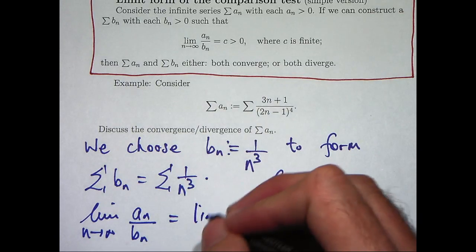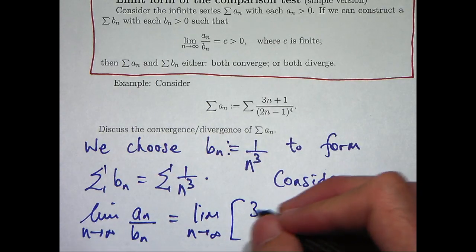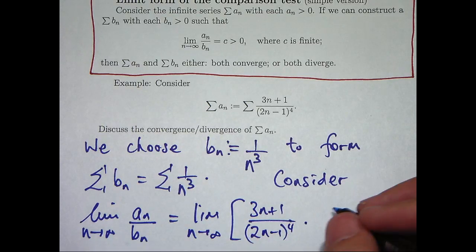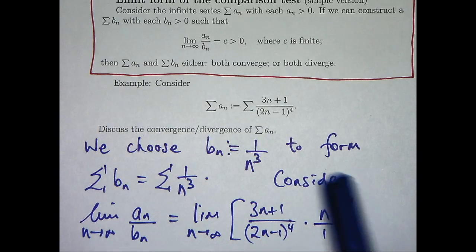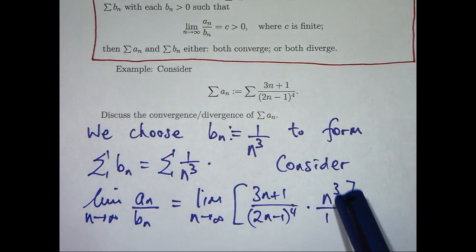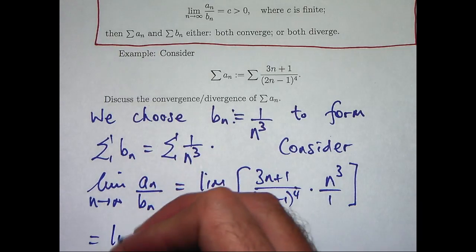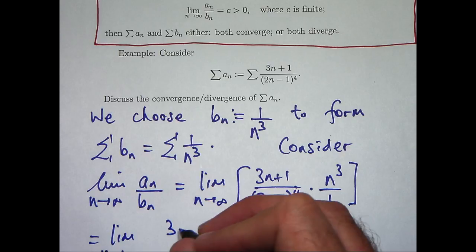Now I'm going to multiply by the reciprocal here. Okay, so now it's up to us to evaluate this limit. So I'm going to simplify this as much as possible, and I'm going to end up with something like this.